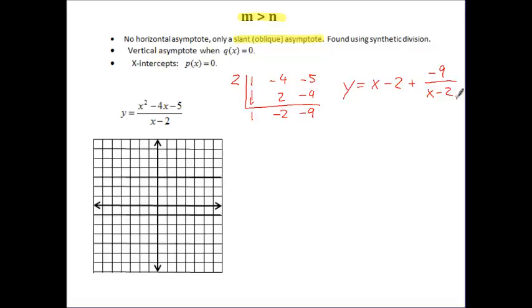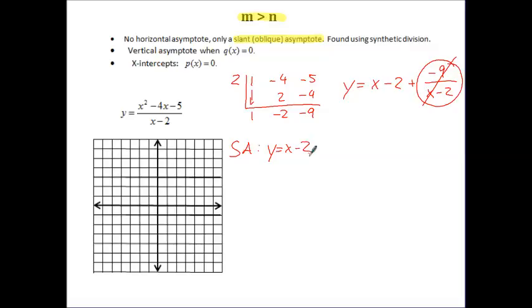Now, if our x's get really, really large, what happens to our remainder? The remainder with a really, really large denominator gets very small, and that doesn't matter to us anymore at that point. So what really matters and what tells us how our slant asymptote is going to look is the first part, x minus 2. So we have a slant asymptote at y is equal to x minus 2.